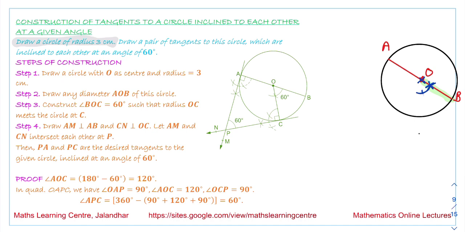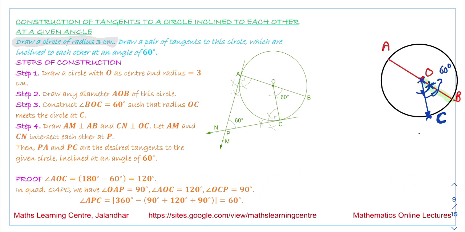We keep the compass at this point and draw an arc over here. We join these 2 points and obtain an angle, which is the angle of 60 degrees. The point where this line meets the circle, we name this point C.